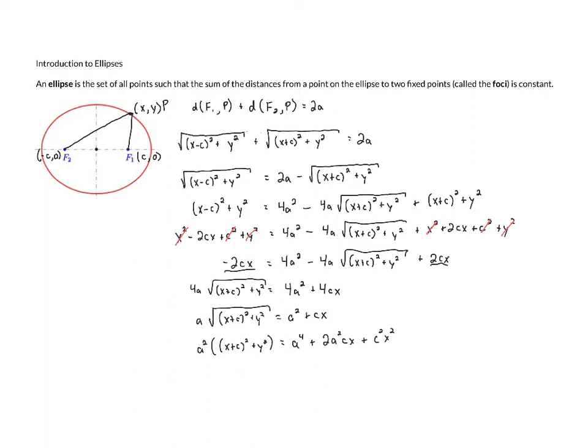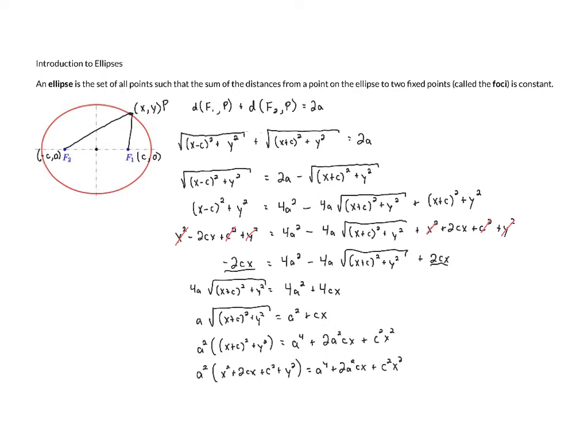Then on the left, there are so many terms, but we're going to get some cancellations, and life's going to be good. Inside the parentheses on the left, we're going to have x squared plus 2cx plus c squared plus y squared. And then on the right, a to the 4th plus 2a squared cx plus c squared x squared.